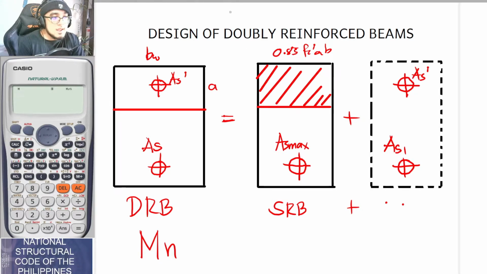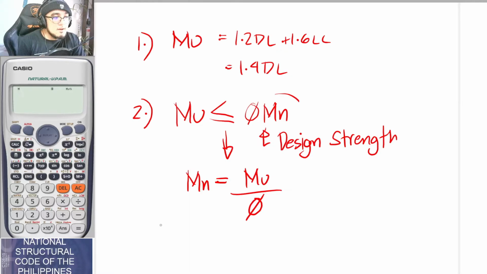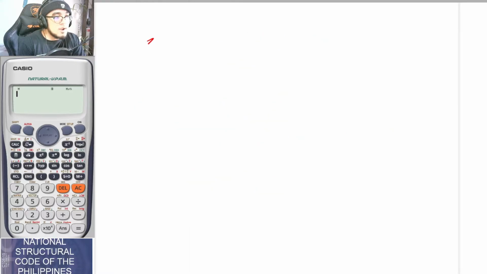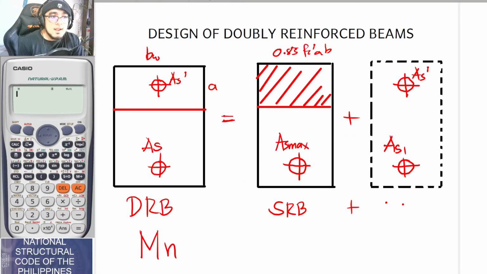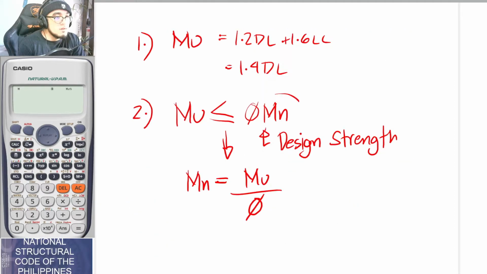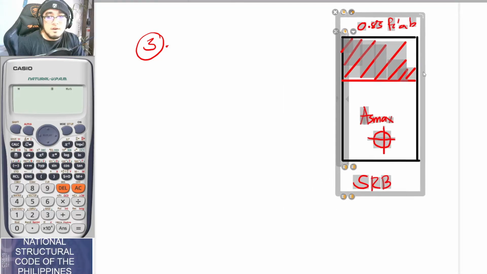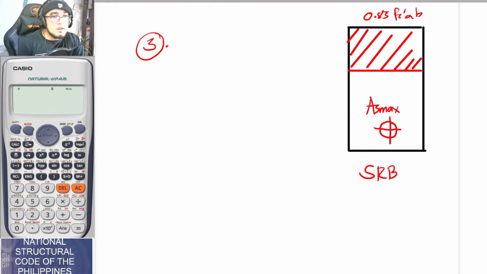Okay, so the next thing that you should be doing, let's go to step number 3 already. So step number 3. We will now check if we really need to design it as a doubly reinforced beam. So from that, guys, what you will be doing is drawing this setup. I will just be copying this setup here. So you will now be solving for this setup, and now you will be solving for As max.